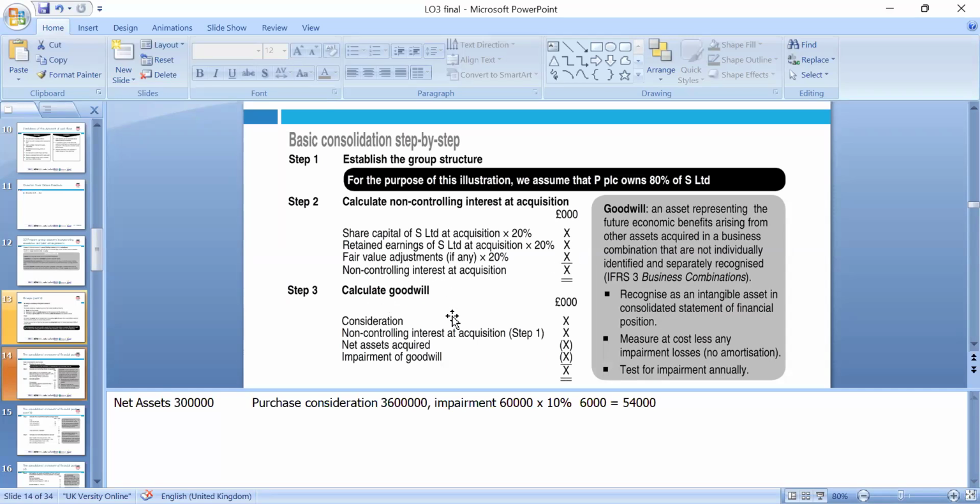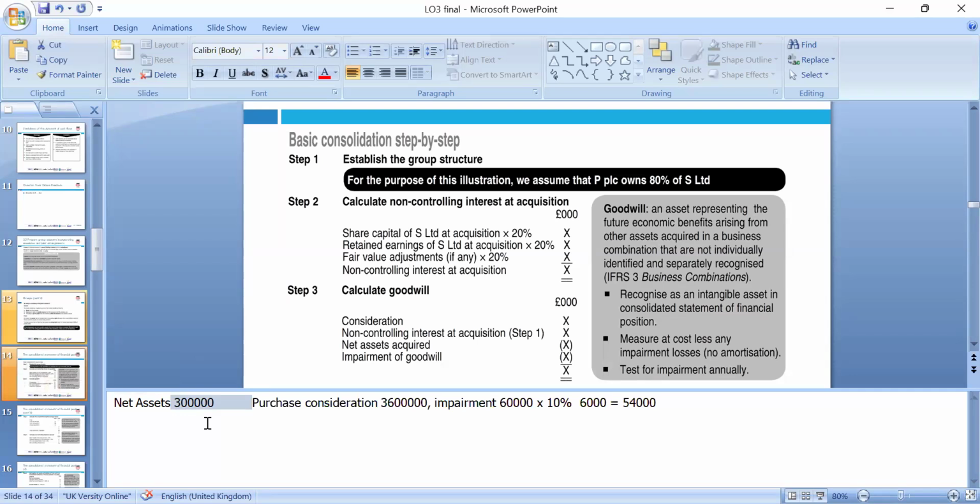Goodwill, how we calculate it, is step 3. Take the consideration and the net assets. By the accounting equation, total assets minus liabilities equals net assets. If somebody is willing to pay more than the net assets, the difference is called goodwill.